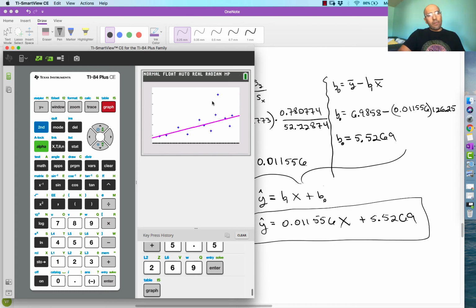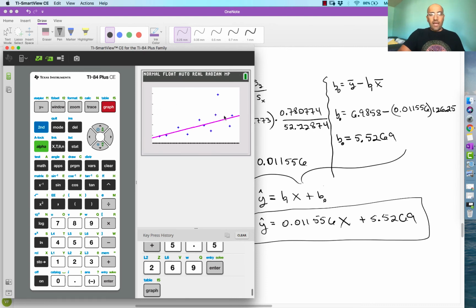right? Some of them are above it, some of them are below it, so it's sort of a way of describing the average of all of them. And it's capturing the direction and the general sort of slope. So it's doing a very nice job of communicating the positive linear relationship that exists between these two variables.